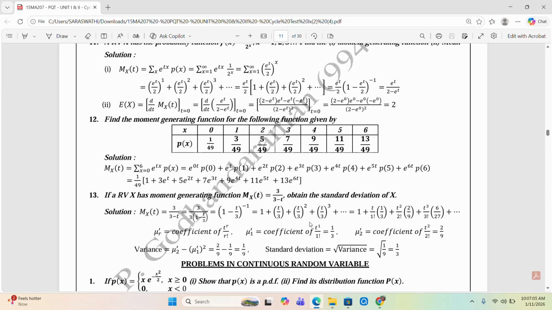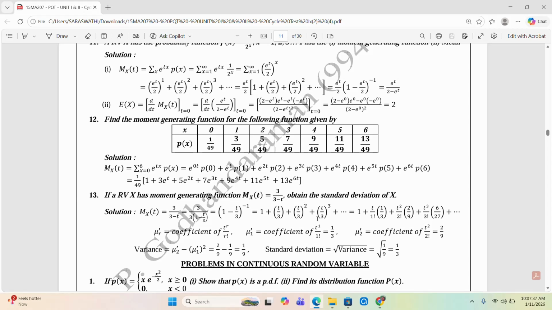Now 1 plus t by 3, we can write it as t by 1 factorial into the remaining constant, which is 1 by 3. Plus t square by 3 square, which is 9, so we can write t square by 2 factorial into the remaining 2 by 9, because 2 factorial is 2 into 1 is equal to 2, and after cancellation it is t square by 9.